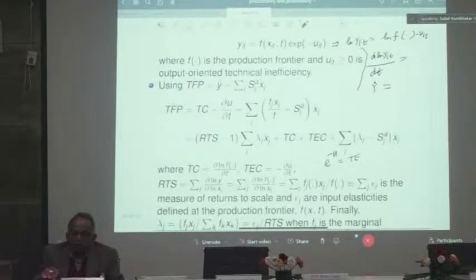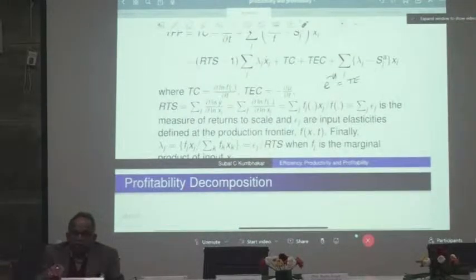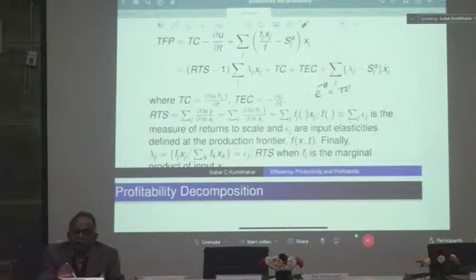So TFP change is going to be decomposed into a scale component. We just say returns to scale. If returns to scale is bigger than one, this is a positive number, so that would be contributing positively. If technical change is shifting upward, that is going to be contributing positively. If efficiency change, you are getting smarter over time, that is going to be contributing positively. And if you are misallocating, then it's going to be contributing negatively.